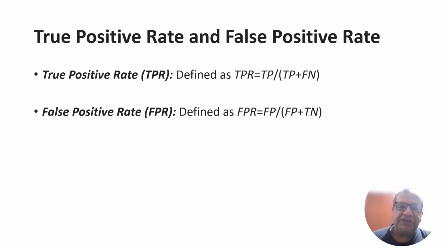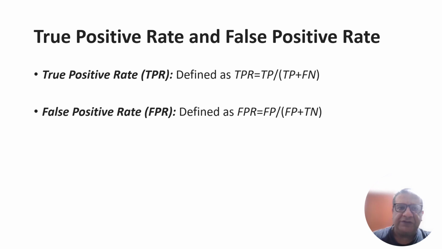The most important metrics that the ROC curve and the AUC curve utilize are true positive rate and false positive rate. So what do these metrics mean? True positive rate, that is TPR, is also called recall or sensitivity. True positive rate gauges the proportion of correctly identified positive instances out of all actual positive instances.